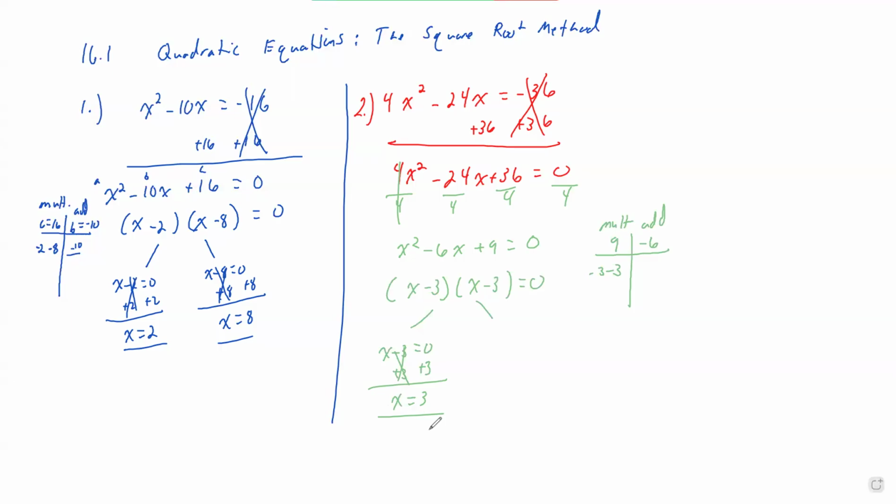All right. So now the next type of questions you're going to see are going to look like this, and it's going to be a little bit of a blend from chapter 15. So x squared plus 25 equals 0.